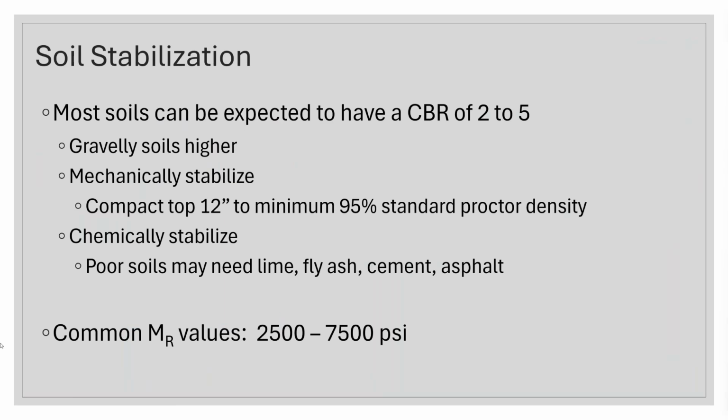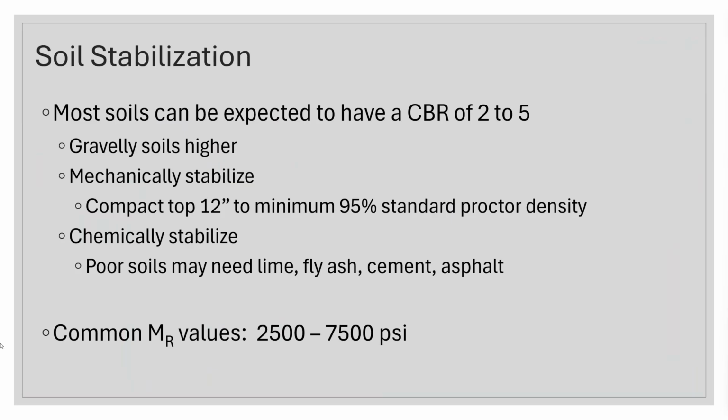Now, most soils are going to have a CBR value somewhere between 2 and 5 would be typical. The gravelly type soils are going to be a little bit stronger, so those will be the ones with the higher numbers. But when we have a soil that's not that strong, we can do some things to increase it. So we could mechanically stabilize, and we're going to do this pretty much all the time.